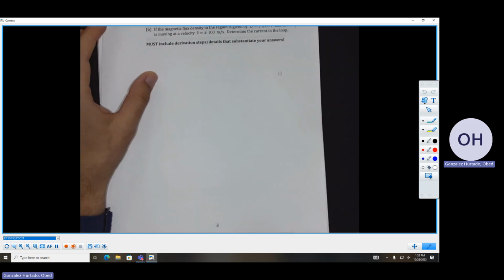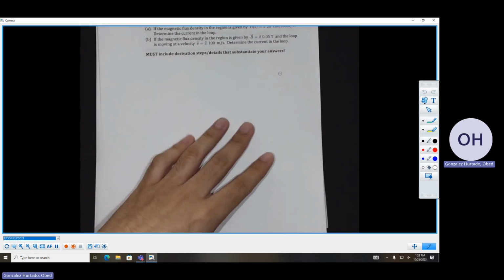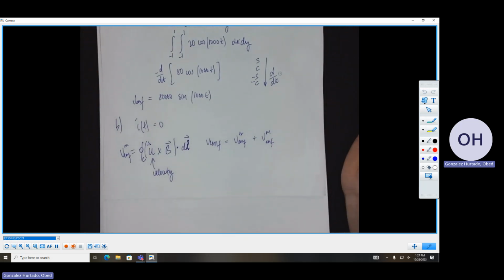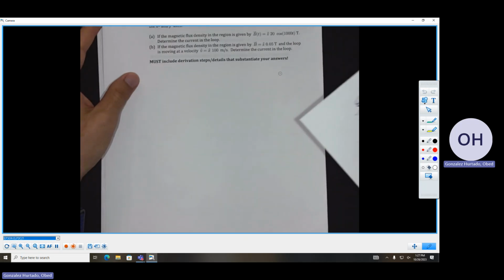We'll come back to it. I think what it is, since U cross B gives you current, you would find the EMF transformer divided by R and then add the two together. That should give you total current.